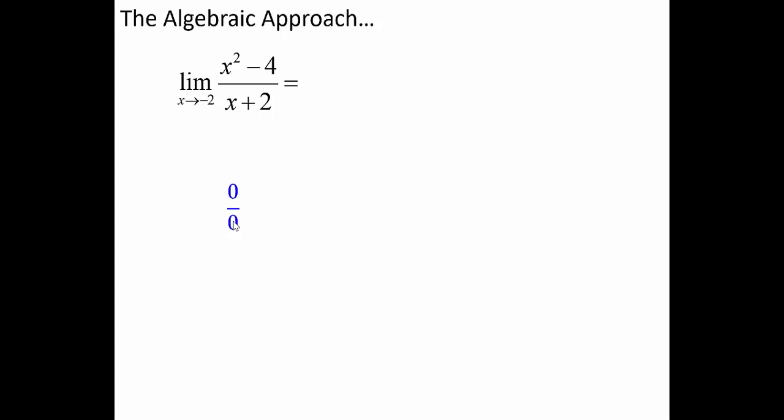If the limit didn't exist, I would have gotten a number divided by 0, which is undefined, which means the limit doesn't exist. The fact that I did not get a number divided by 0 means I must have a hole. Anytime you get 0 over 0, the only conclusion you can make is that the limit exists somewhere. There's a hole in the graph, but I have no idea where that hole is. You can't conclude what the actual answer is, but you can conclude that there is an answer and that you have to keep hunting for it.